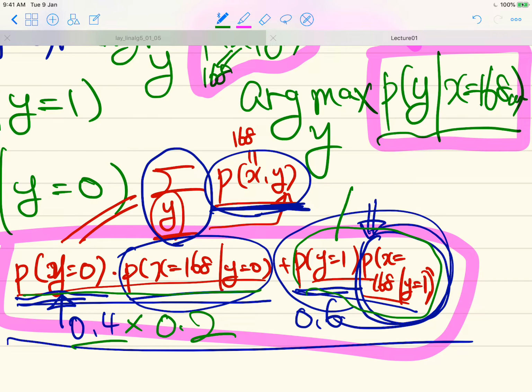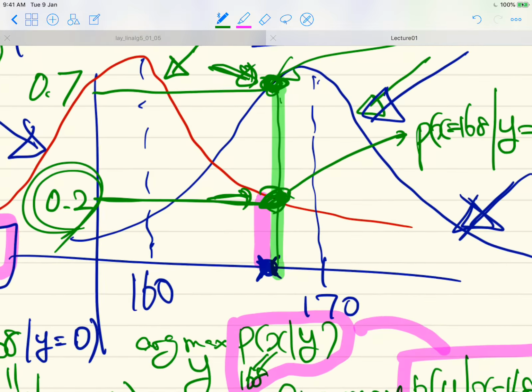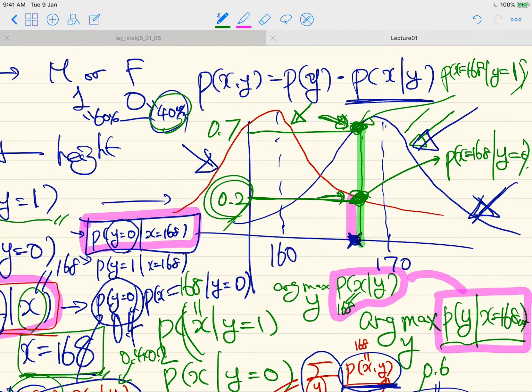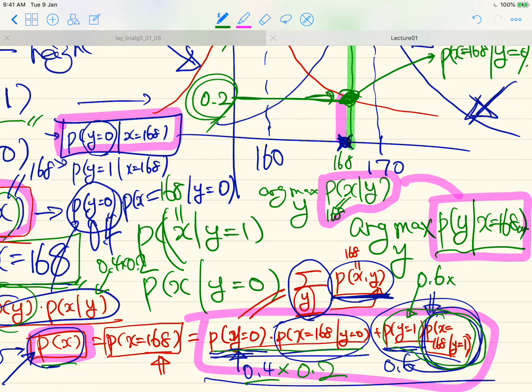This guy is the gender being male, which corresponds to the probability of 0.6. And then this guy is when gender is fixed as male, what is the probability of observing 168, and that corresponds to 0.7, right?